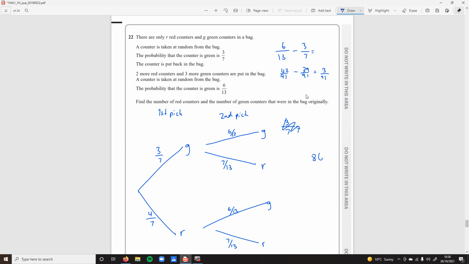Be 86 divided by 7. I don't think that works. It definitely does not work.